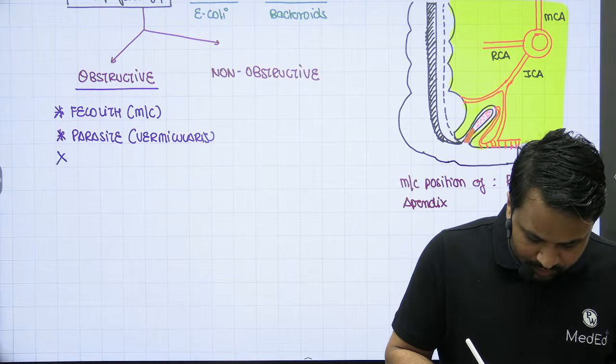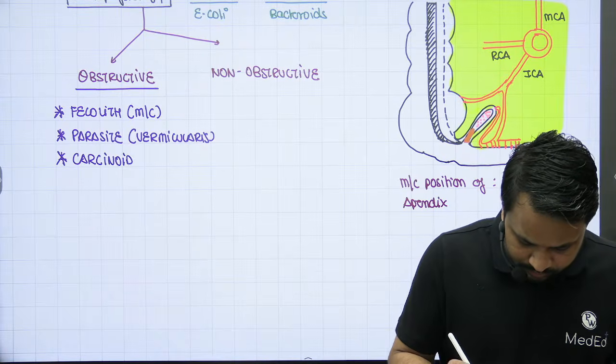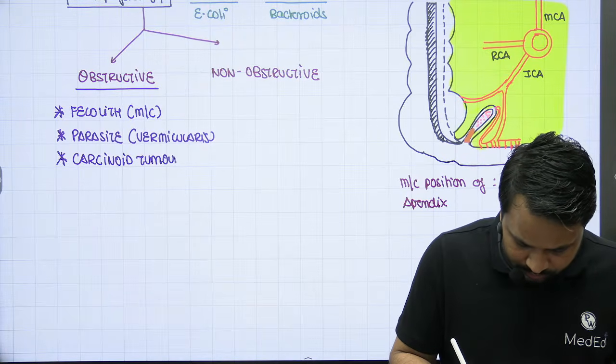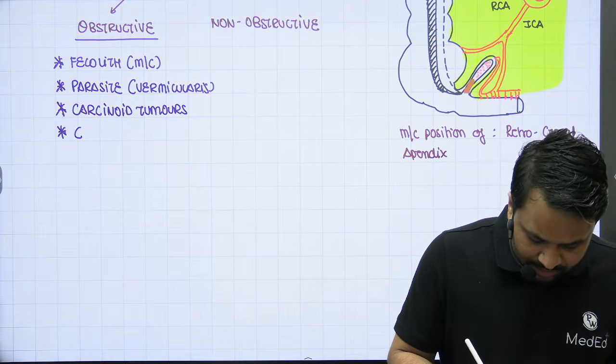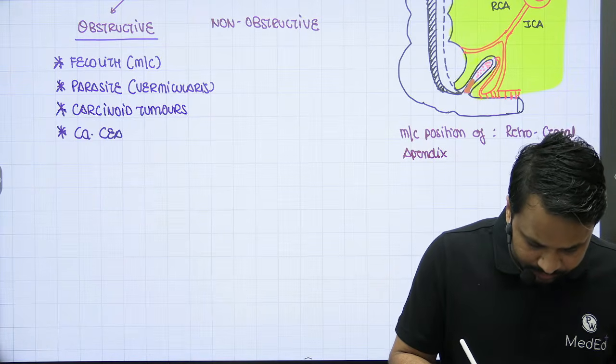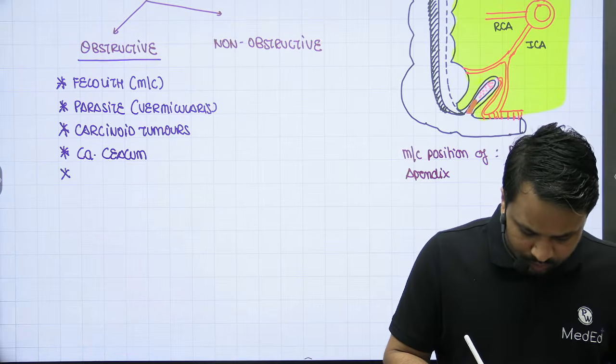It can be because of a tumor, for example, carcinoid tumors. It can be because of malignancy, that is, carcinoma of the cecum. It can be because of Crohn's disease as well.